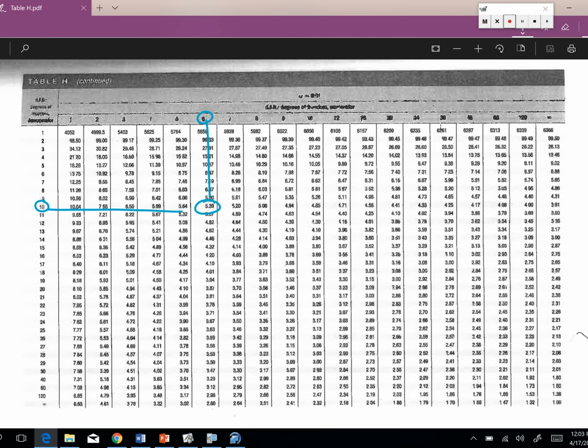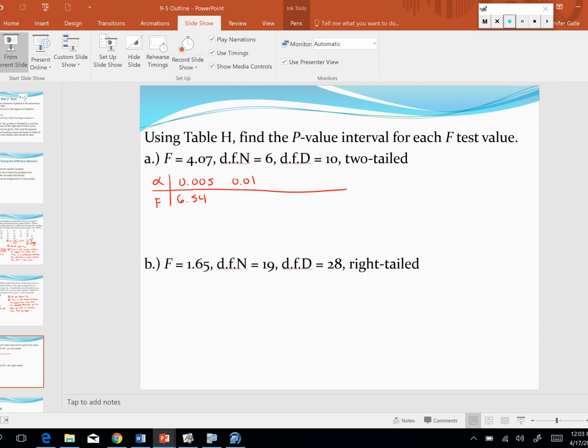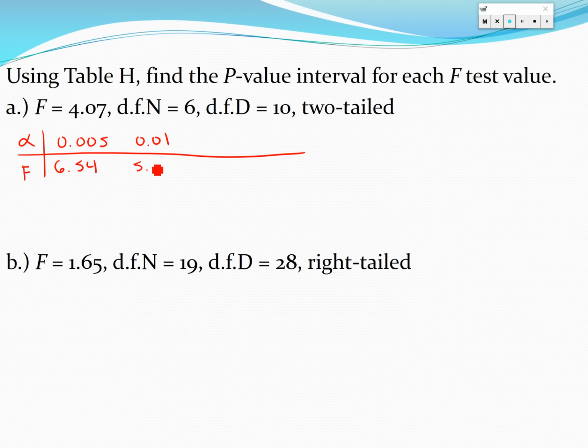And we end up with 5.39. So you continue that process. The next page would be 0.025. You'd continue that process till you have all of them jotted down.